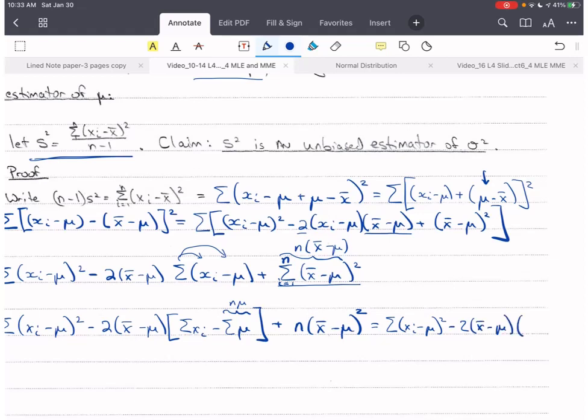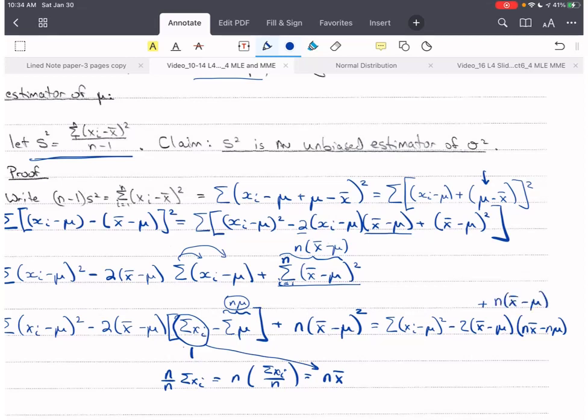And now we're going to use a trick that we've used before. This is the same as n over n times the sum of xi, which is equal to n times the sum of xi over n, which is equal to n times x bar. Okay, so we're going to substitute. So this is going to be n x bar minus n mu, because we said n mu here, and then plus n times x bar minus mu quantity squared.